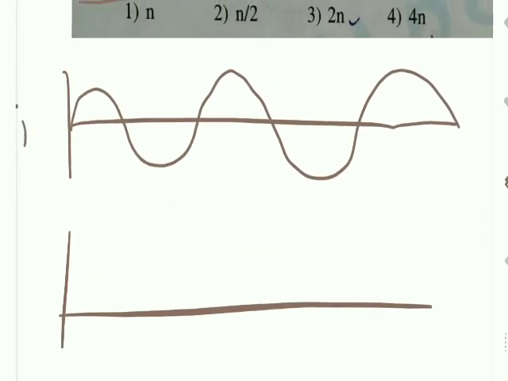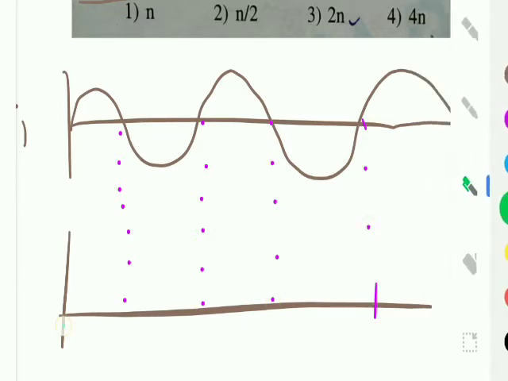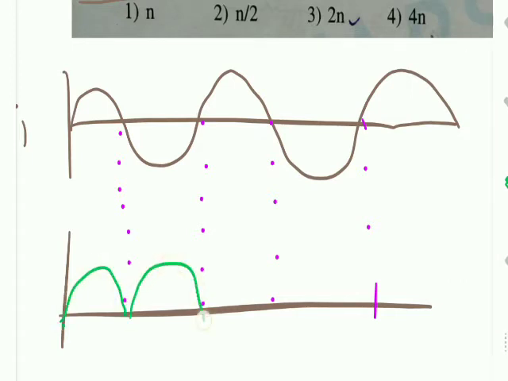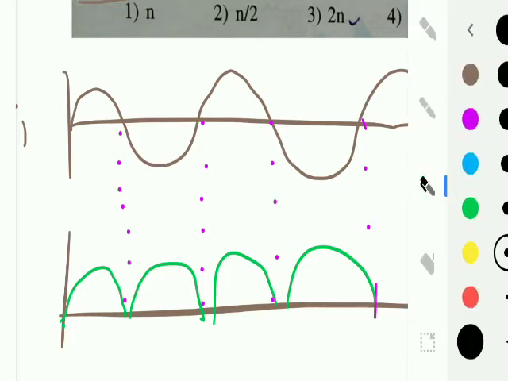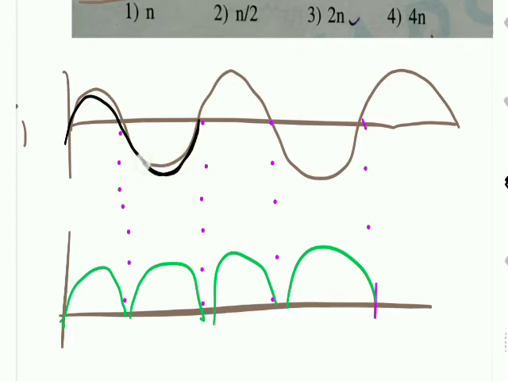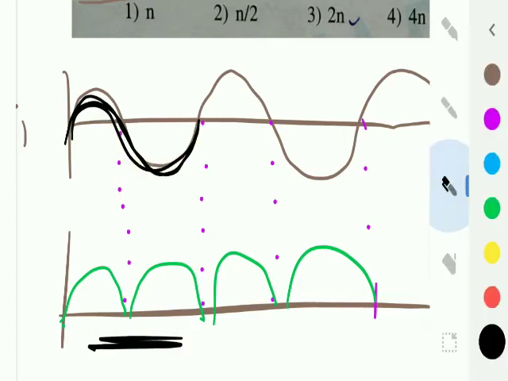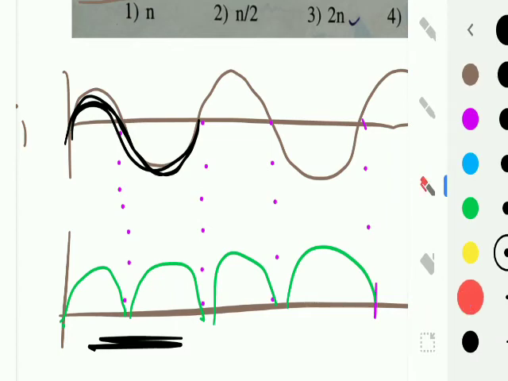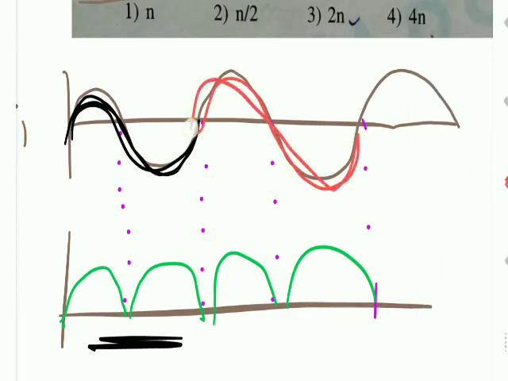In output, full wave rectifier allows positive peak and negative peak. So here allowing both. So here every cycle has two pulses. This cycle has two pulses, and this cycle gives a two pulse output.